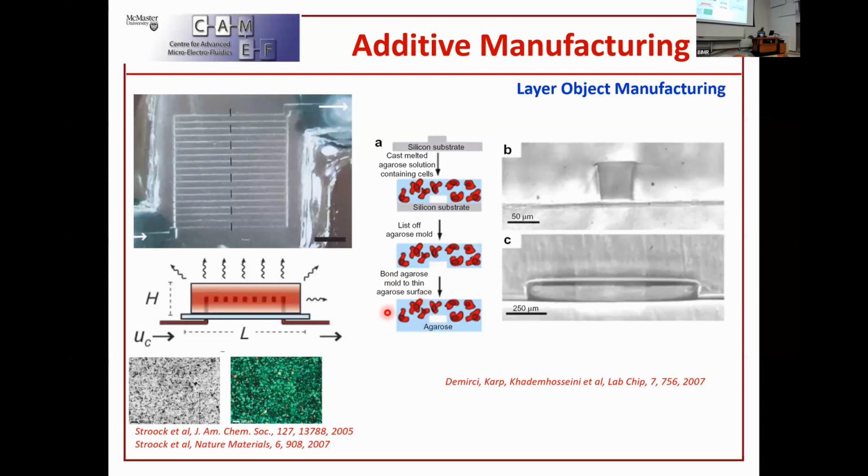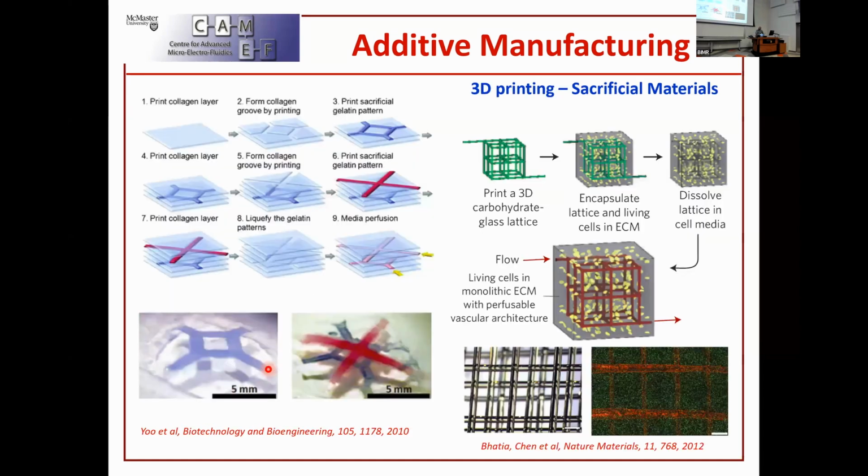And so various gels have been used, such as agarose, gelatin, collagen, acrylate gels, and so on. The other approach is to use sacrificial materials. So you can build a scaffold of sacrificial materials. This is an example of sugar being 3D printed into a scaffold-like structure, or gelatin being 3D printed into a scaffold-like structure.